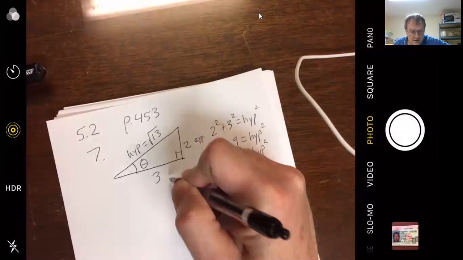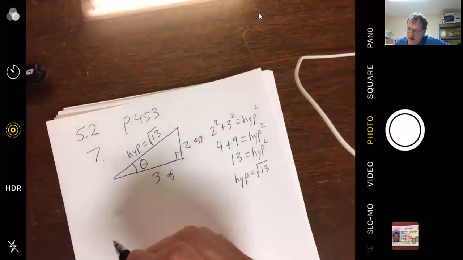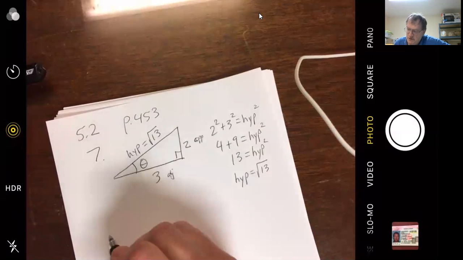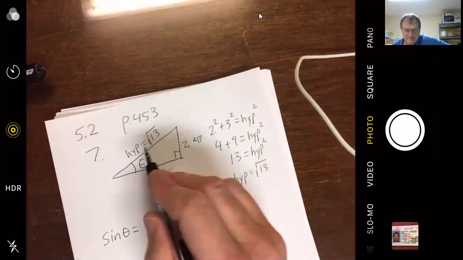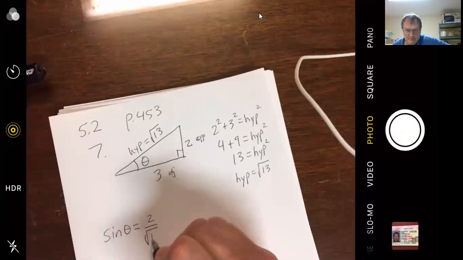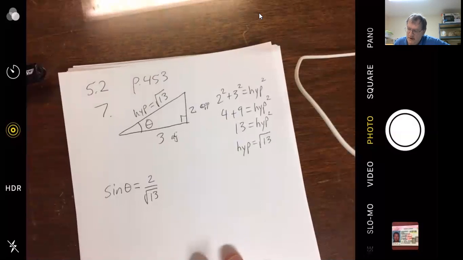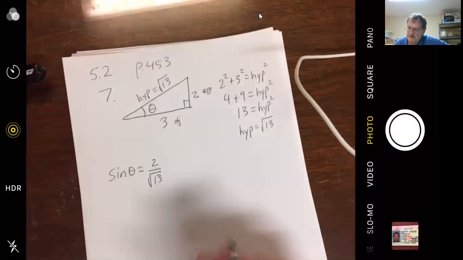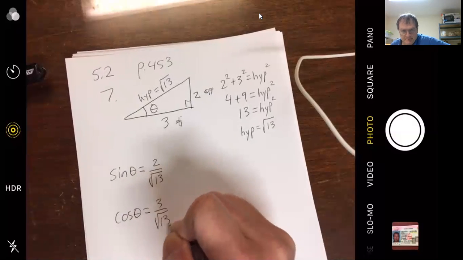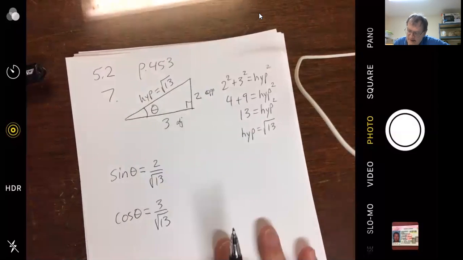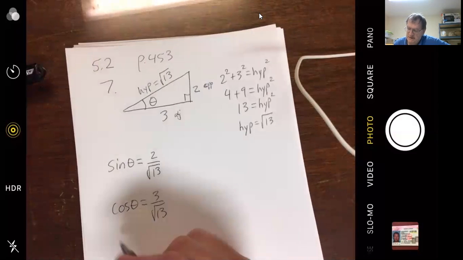So they want all 6 trigs. The sine of theta, opposite over hypotenuse, 2 over root 13. Cosine theta, 3 over root 13, adjacent over hypotenuse. Tangent, opposite over adjacent.